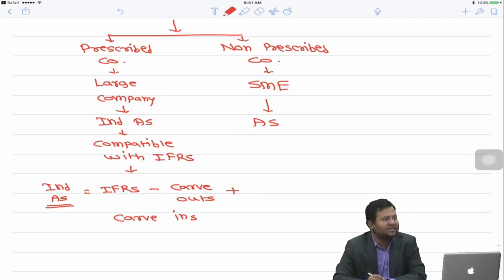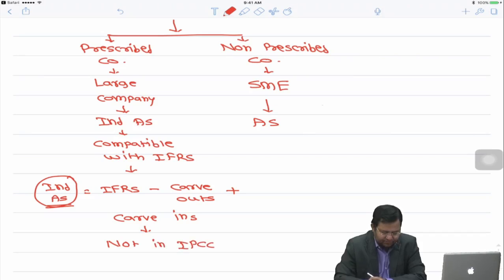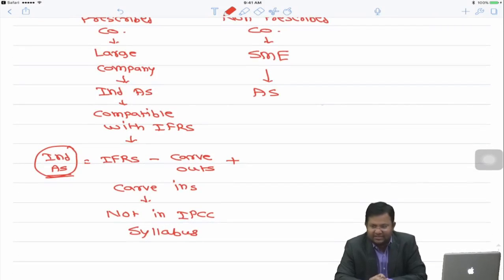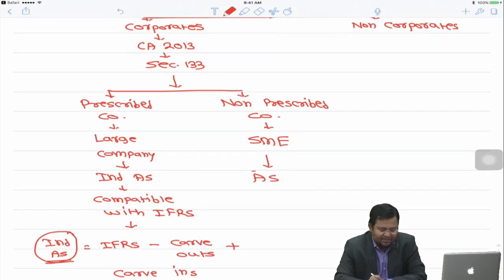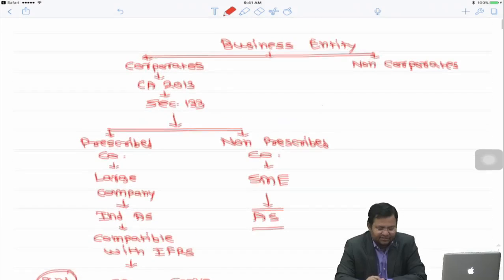So large companies are governed by Ind AS. This entire Ind AS is not in the IPCC syllabus at all. So the IPCC syllabus does not talk about Ind AS at all. Not even one line is required to be studied on Ind AS. The IPCC syllabus only talks about accounting standards.